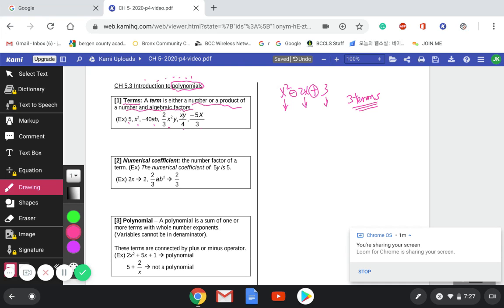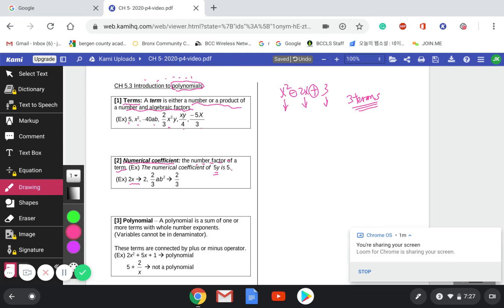Okay. And when you have a term, you have to know something called numerical coefficients. Numerical coefficient is the number factor of a term. So when you have 5y, the numerical coefficient of 5y is 5.